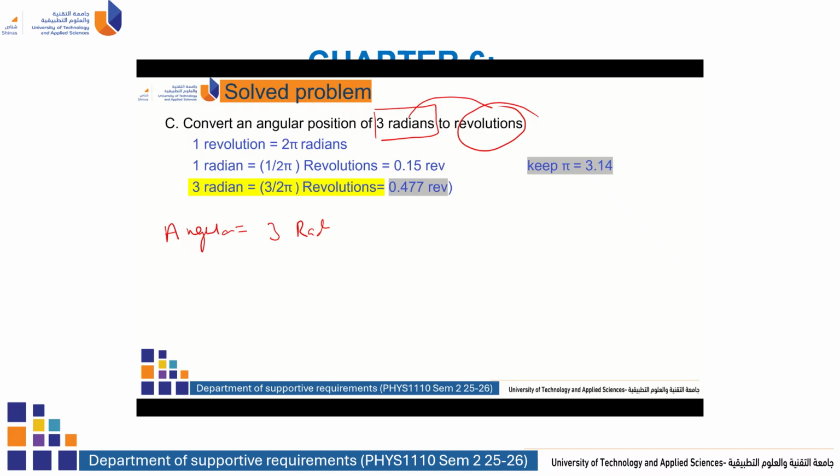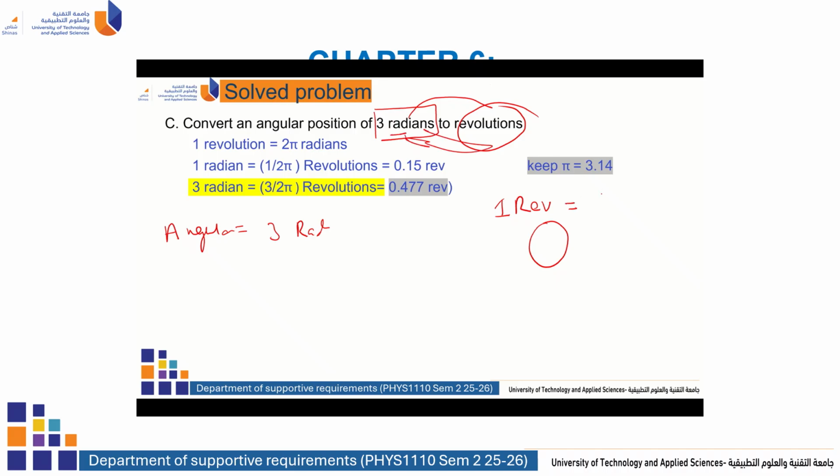So what is the relation between the revolution and the radian? If I make one circle like this, this is known as one revolution. I already discussed this. I need to make the relation between the radian and the revolution.